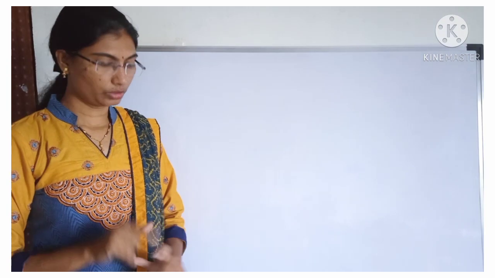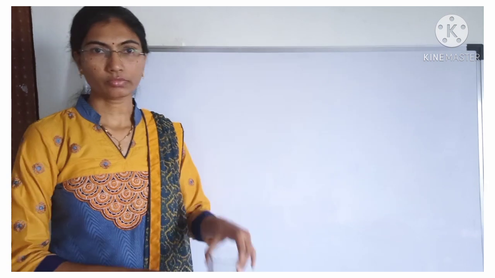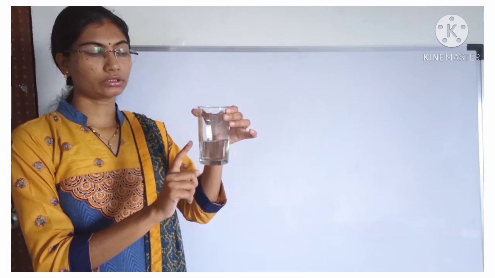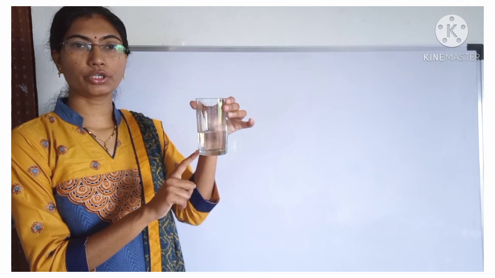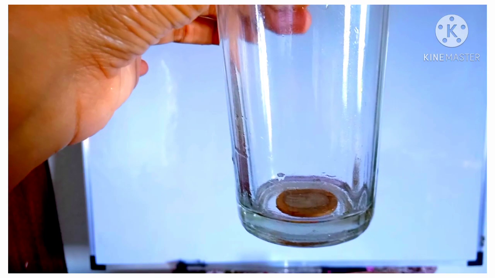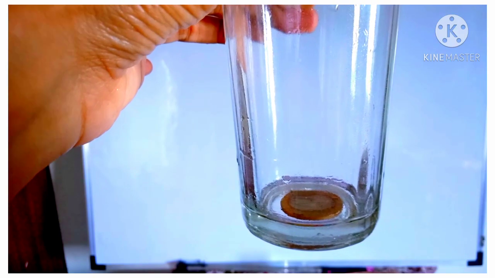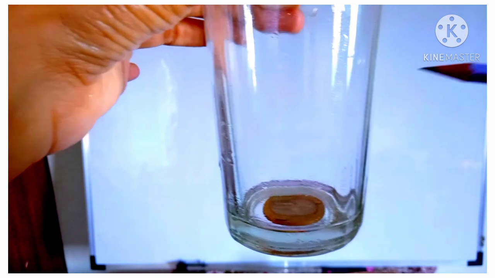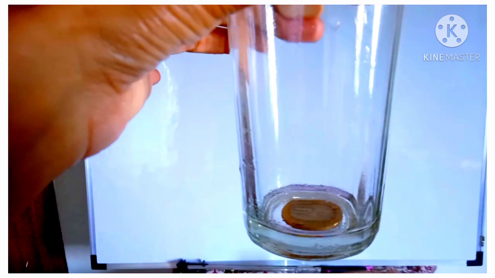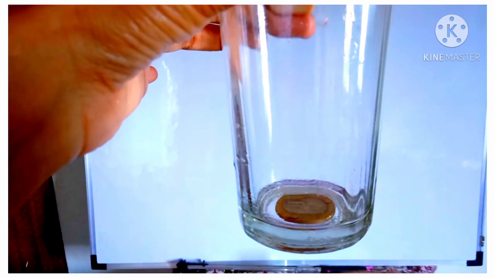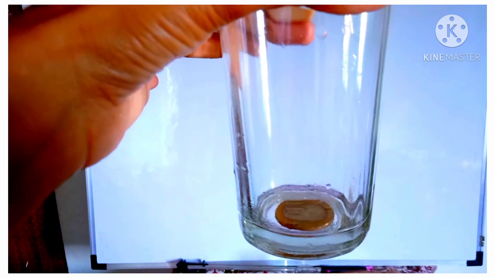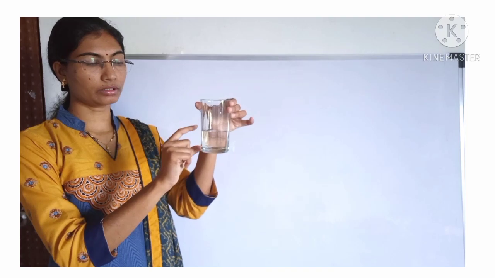Similarly, we'll do one more activity. Here I have taken a coin of 10 rupees. Here you can see the image of the coin when there is no water in the glass. Now fill the glass with water.